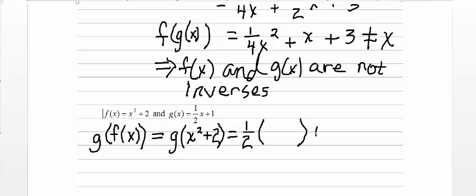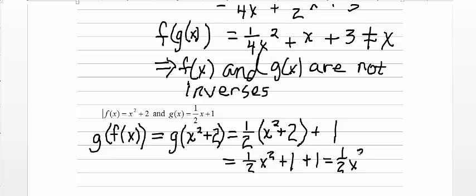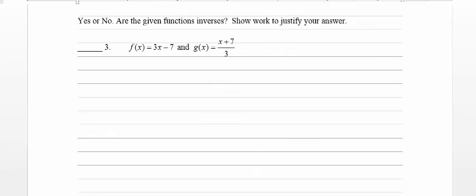G of x squared plus 2 is simply 1/2 times x squared plus 2, plus 1, which is 1/2 x squared plus 1 plus 1, which is 1/2 x squared plus 2, which isn't x, which would have more quickly allowed me to conclude that f of x and g of x are not inverses.